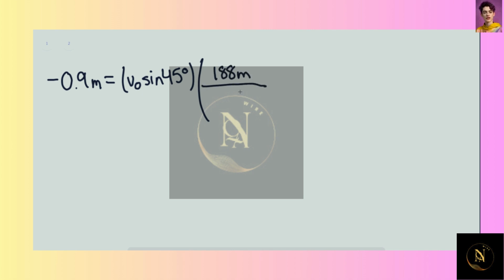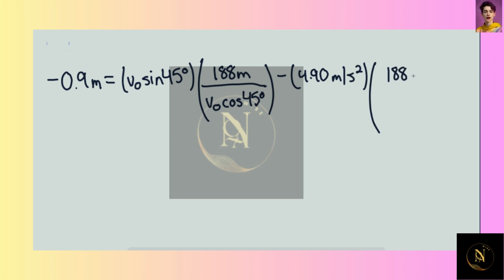This would give us negative 0.9 meters, equaling the initial sine of 45 degrees multiplied by 188 meters divided by the initial cosine of 45 degrees, minus 4.90 meters per second squared multiplied by 188 meters divided by the initial cosine of 45 degrees quantity squared.